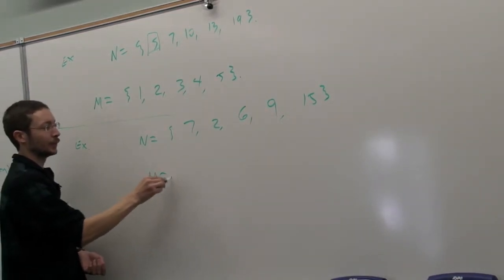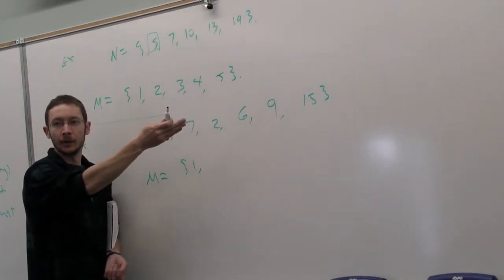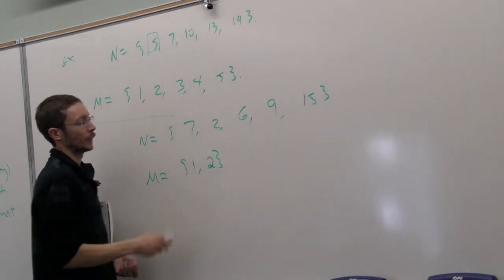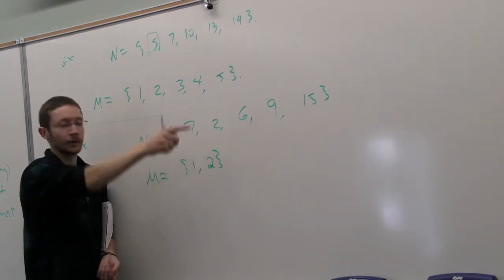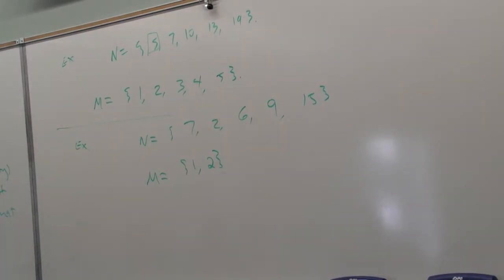M is 1 and 2. That's right. It's the set of all natural numbers that are smaller than or equal to all the items in N. 1 is smaller than or equal to all those, and 2 is too. So that's it. You have any non-empty set of naturals, and you let M be all the numbers that are smaller than or equal to all the elements of N.